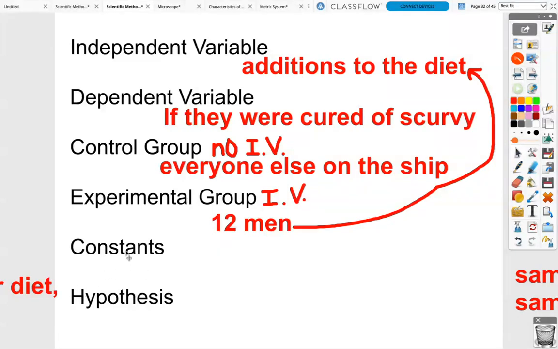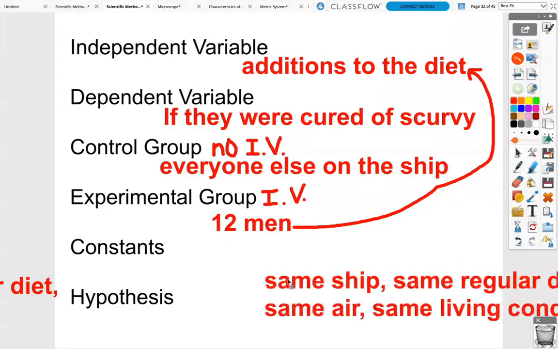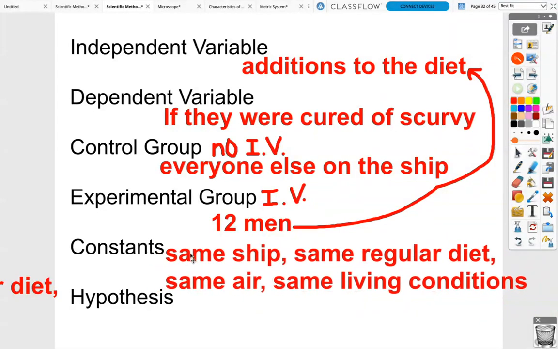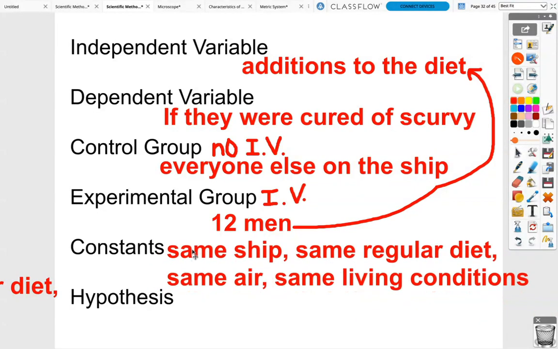So there were constants on the ship. These men were on the same ship. They had the same regular diet. They were breathing the same fresh air, same living conditions. So they were constants just because they were on the same ship.